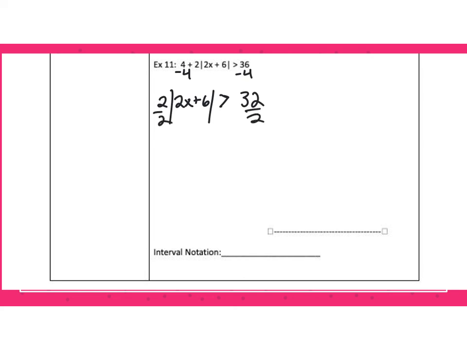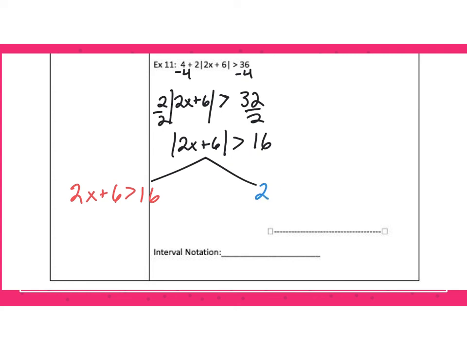I've got to divide by 2. Cool. Time to split. 2x plus 6 is greater than 16. 2x plus 6 is less than negative 16. Subtract 6. 2x is greater than 10. X is greater than 5 when we divide by that 2. Subtract 6 on this side.